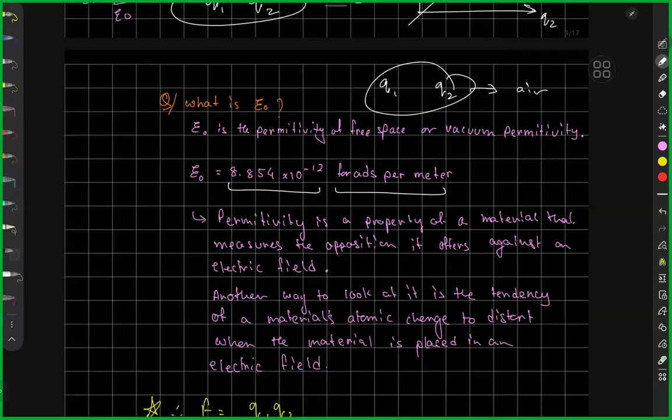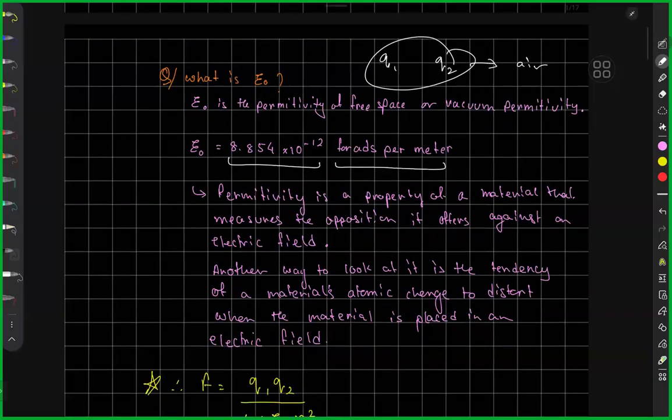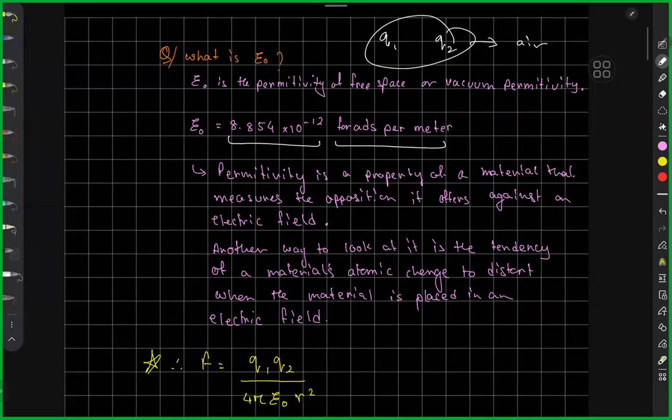It is not exactly in your syllabus, but just to give you a bit of insight, when you have different mediums, charges interact differently. So going from vacuum to liquid to solid, the charges interact differently due to the medium coming in between the interaction. And that distorts or affects the charge interaction, right?